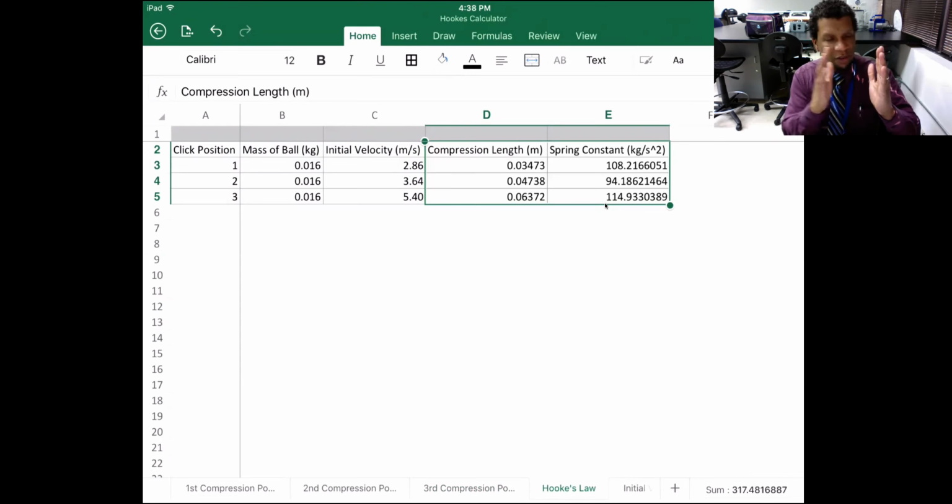Translational motion is large, whereas Hooke's law was about very small elasticity. So even though I have this plastic piece here, can I squeeze it? Yes, you can. And under that limit, the law will remain the same. The constant will remain the same. So we're just able to apply it to springs.